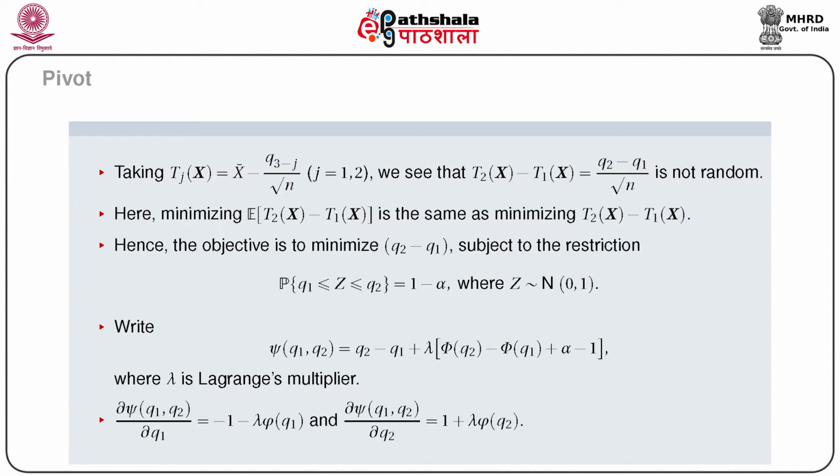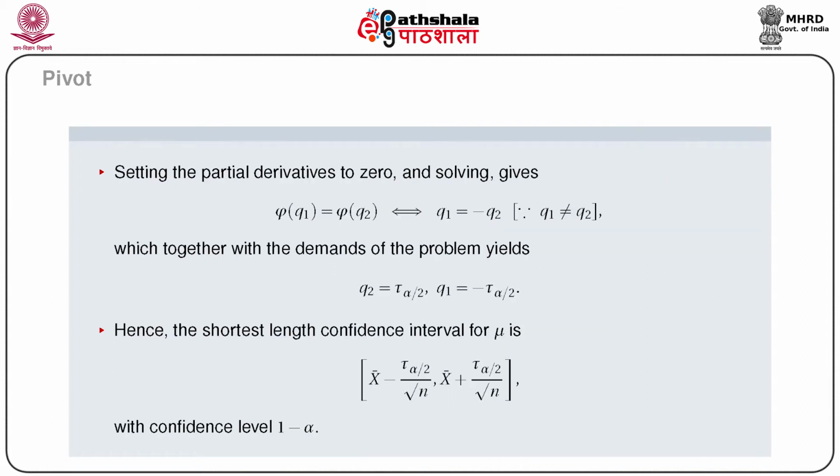Here lambda denotes the Lagrange multiplier and capital F_Z denotes the CDF of capital Z. Hence, by differentiating psi with respect to q1 and q2, we get the following set of equations, and solving for 0 gives us the shortest length confidence interval.